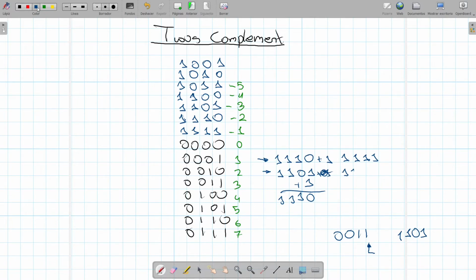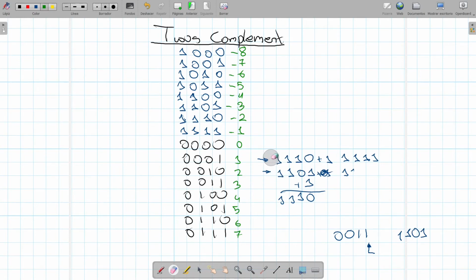Okay, so if you see, funnily enough, we still have room left for this one, which is -8.